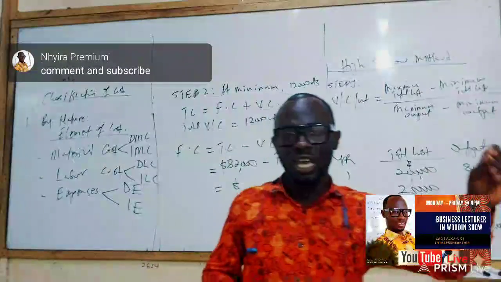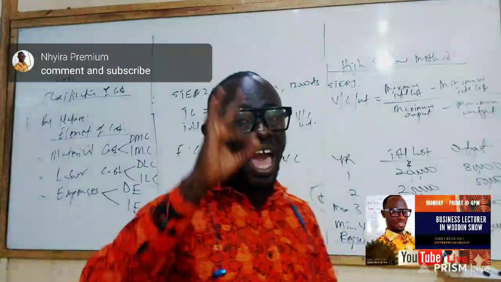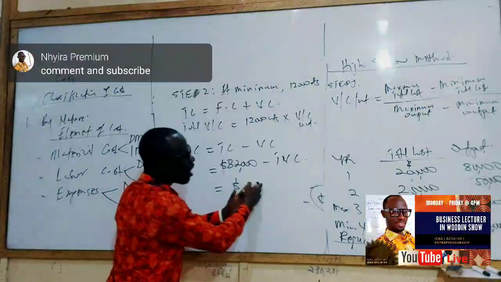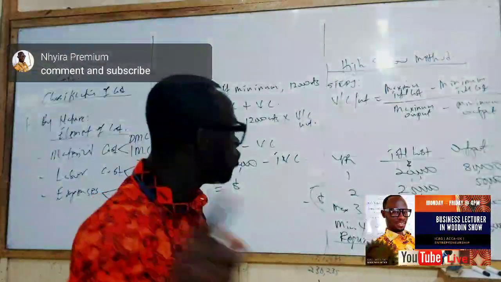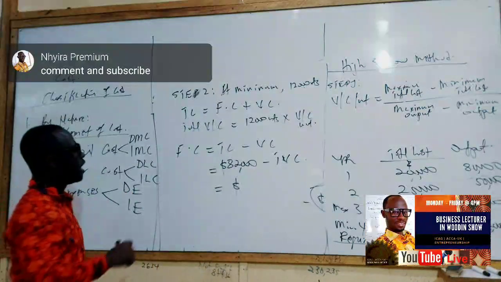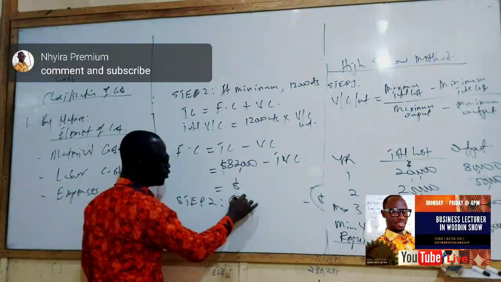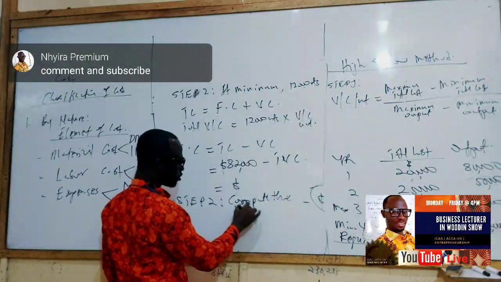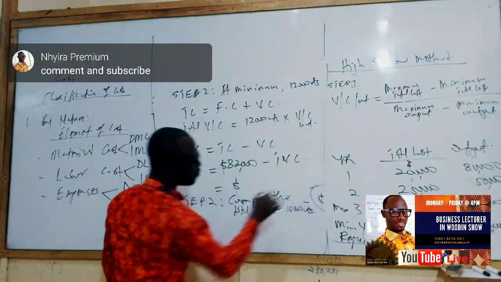Fixed cost remains the same irrespective of the output level, and variable cost per unit remains the same irrespective of the output level. So after you get your fixed cost here, you can now go to the question and go to the final step and then compute the total cost for the 15,000 units they are asking you to compute.